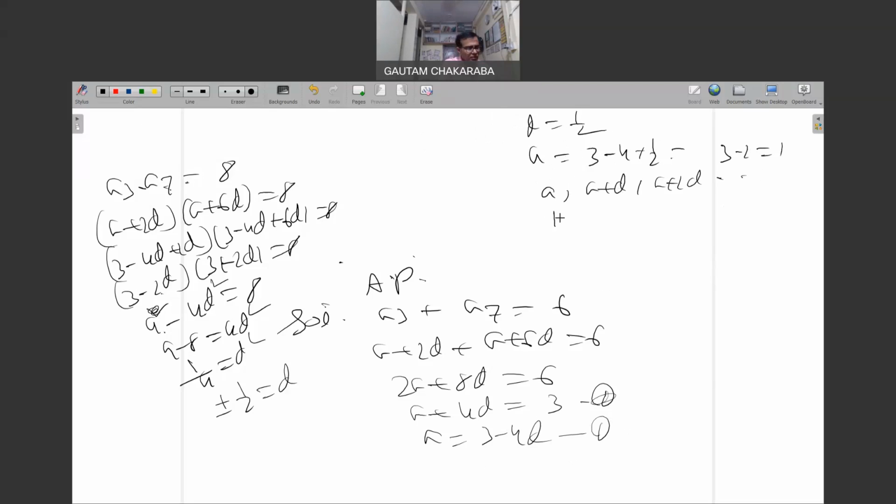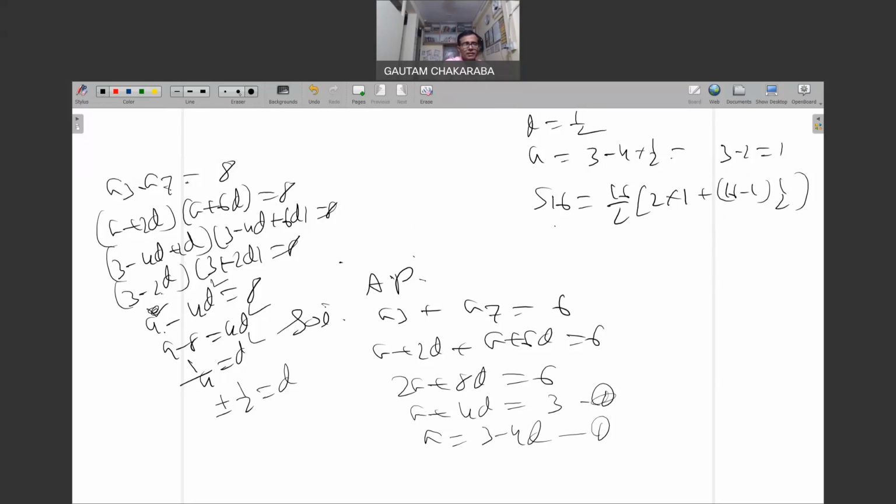So A is 1. To find the sum of the first 16 terms, you don't need the number of terms. Now the sum of 16 terms is 16 by 2 into 2A, A is 1, plus 16 minus 1 into D, D is half. Now calculate this result.